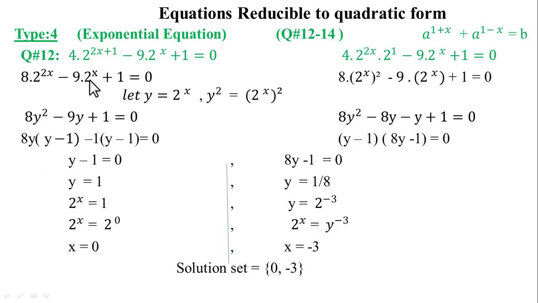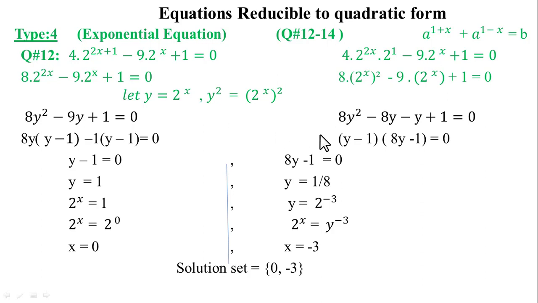So 2 to the power x is equal to y and 2 to the power 2x is equal to y square. Then the equation becomes 8y square minus 9y plus 1 is equal to 0.